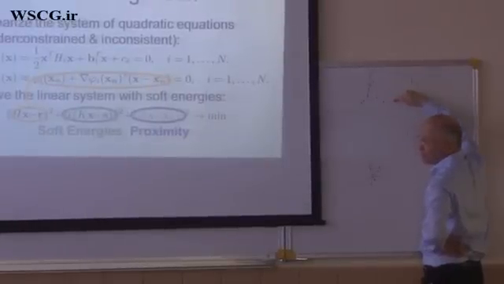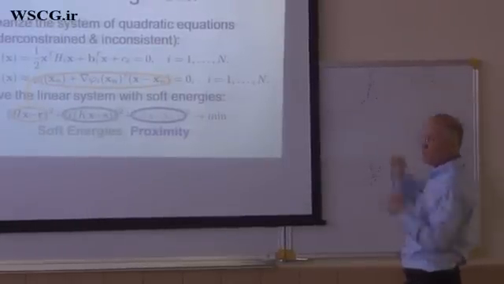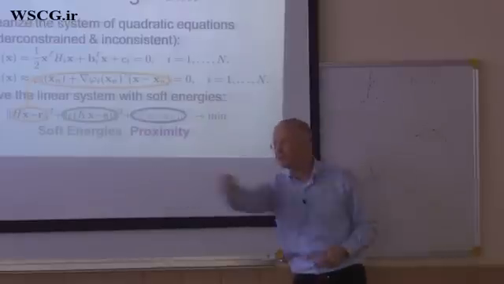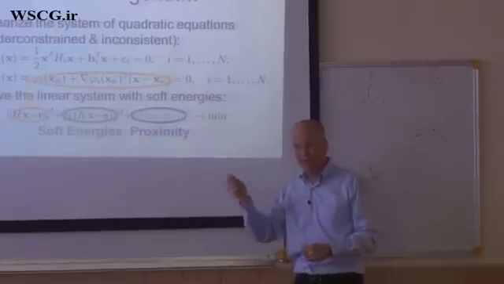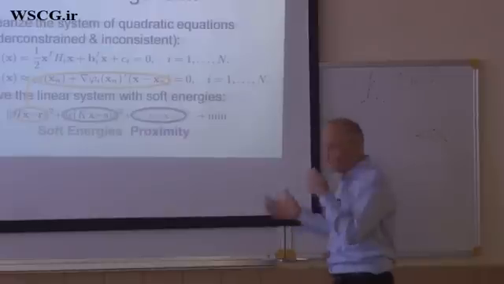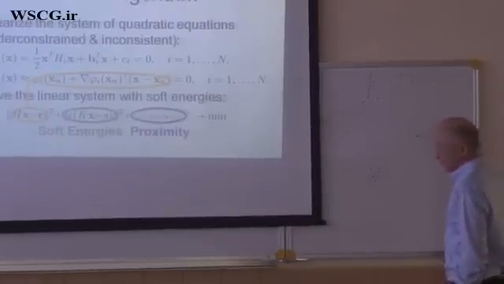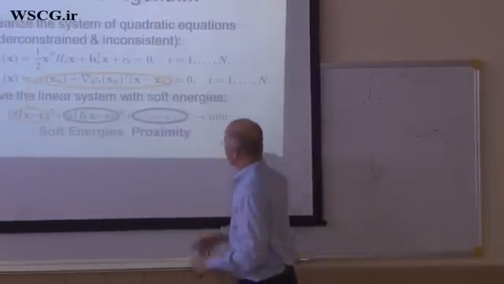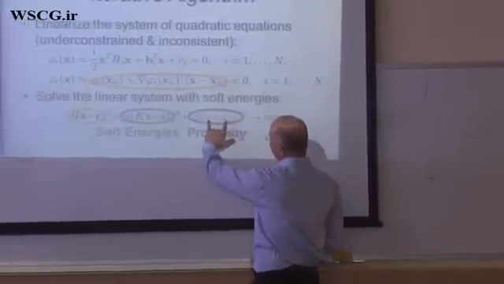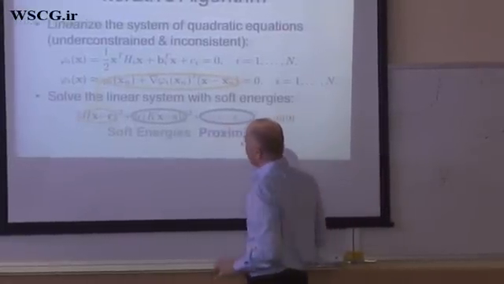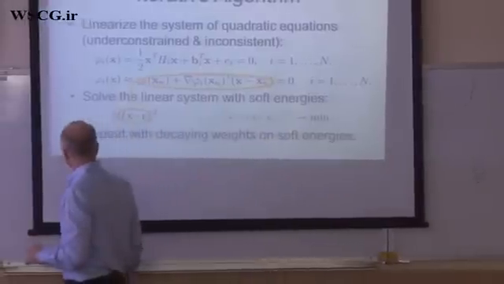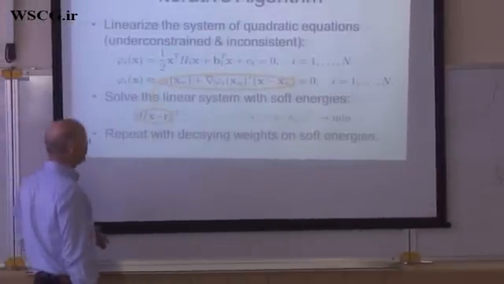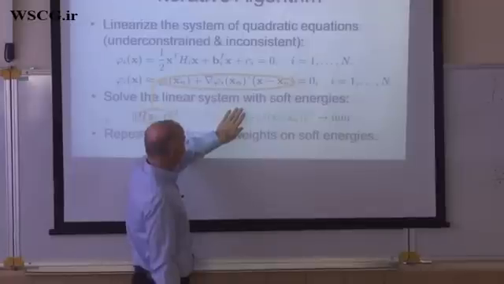We don't want these vertices to move too fast, like here, this is bad. They should gradually move, because in an interactive design, this is important. So we take a third term that says, don't deviate too much from your previous solution. And this we repeat with decaying weights on this soft energy.